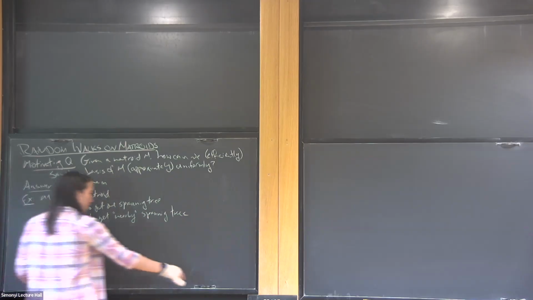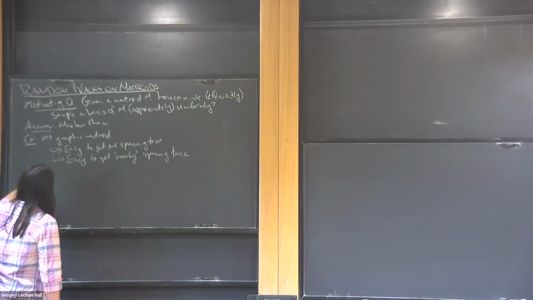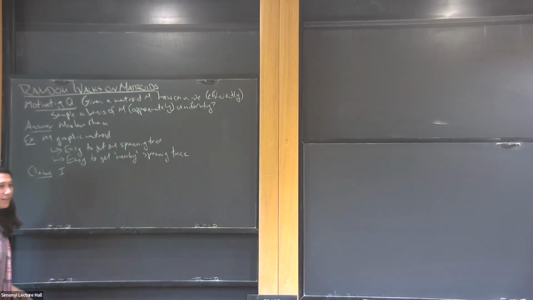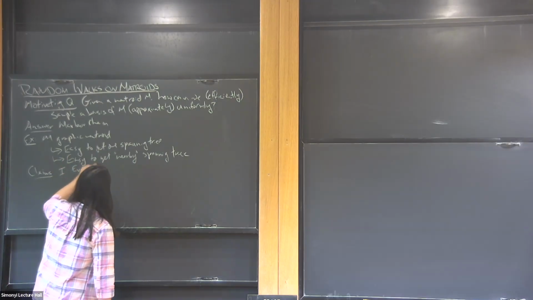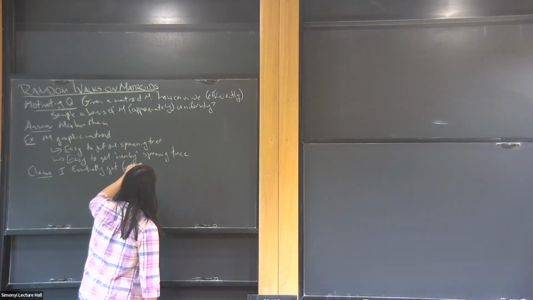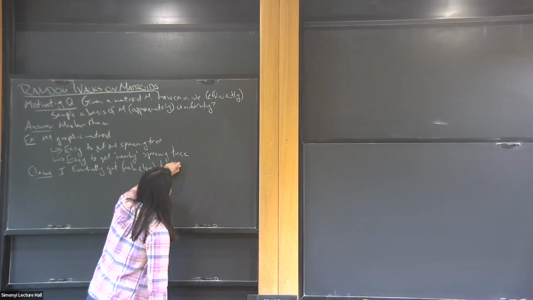And so the claims are twofold. First claim is that if I run this forever, I get the uniform distribution. So eventually you get, I guess, arbitrarily close to the uniform distribution.